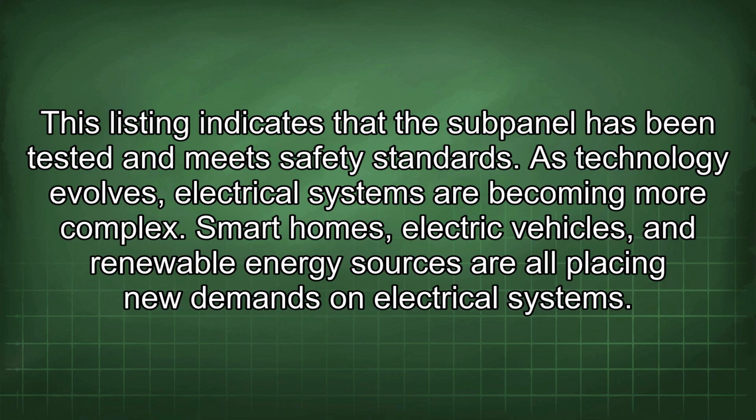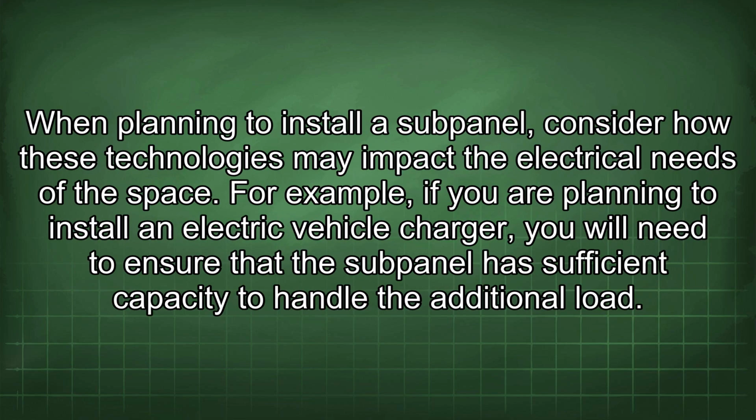As technology evolves, electrical systems are becoming more complex. Smart homes, electric vehicles, and renewable energy sources are all placing new demands on electrical systems. When planning to install a subpanel, consider how these technologies may impact the electrical needs of the space.